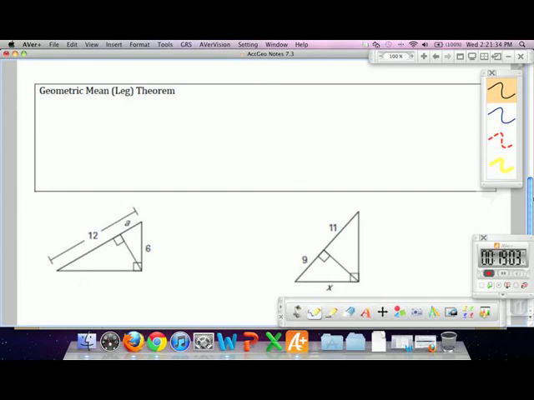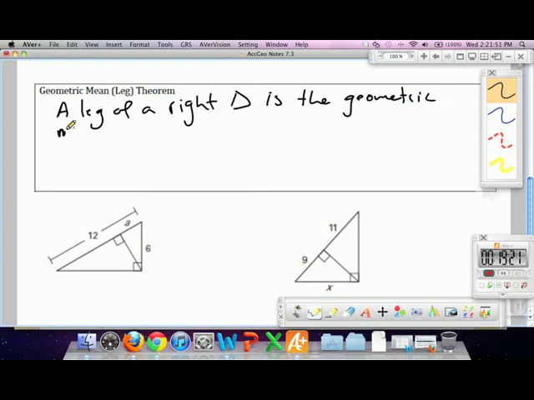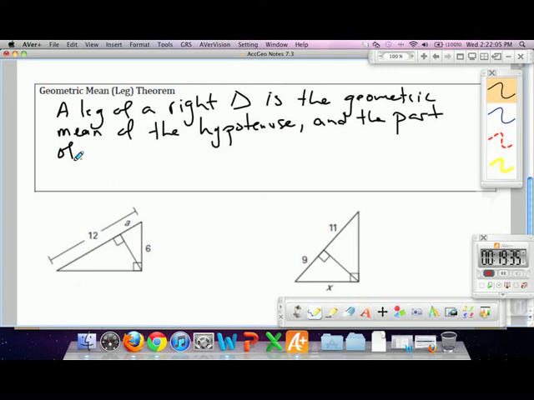It says that a leg of a right triangle is the geometric mean of the hypotenuse and the part of the hypotenuse adjacent to the leg.